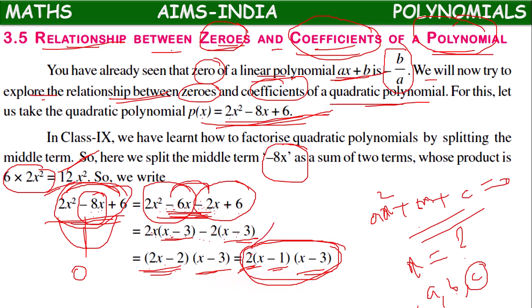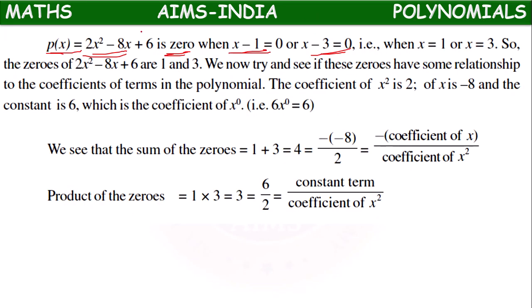Because 2 is a constant, it can never be 0. x minus 1 can be 0, x minus 3 can be 0, and only then this polynomial will be 0. So this will be 0 when x equals 1 or x equals 3. These two are the zeros of the given quadratic polynomial. 1 and 3 are the zeros.